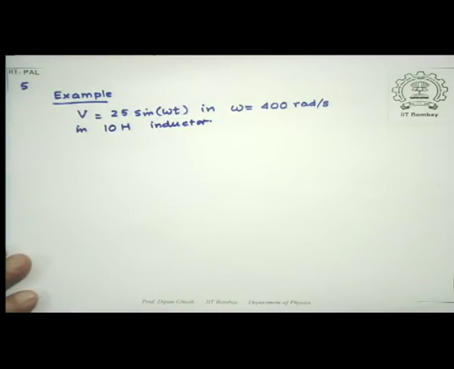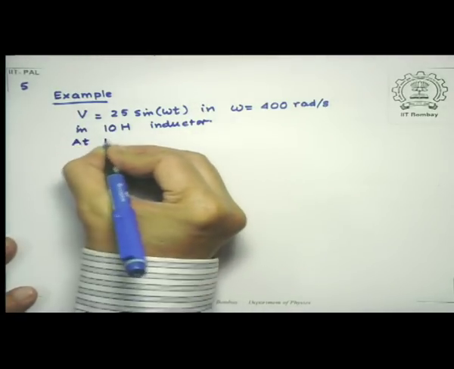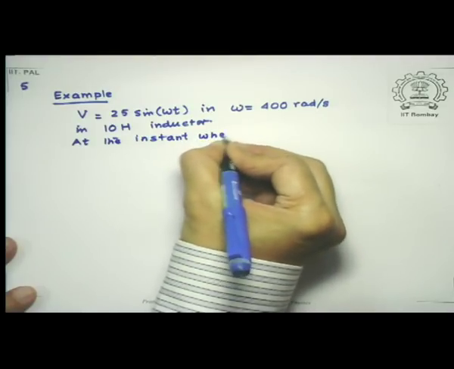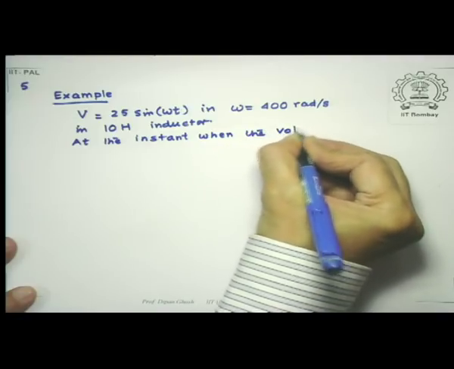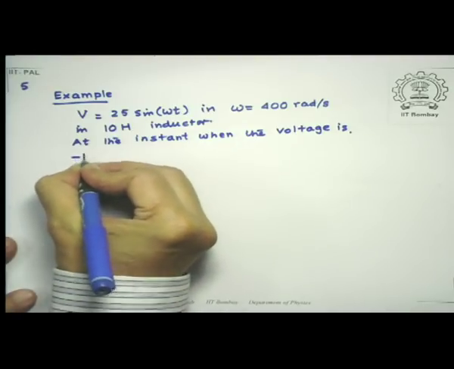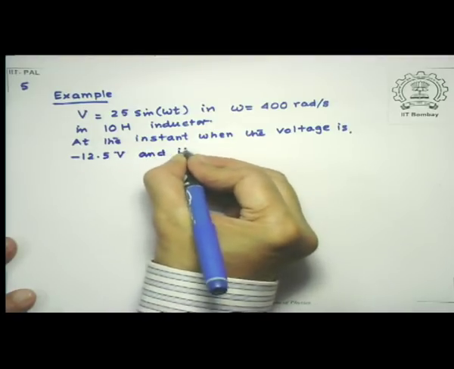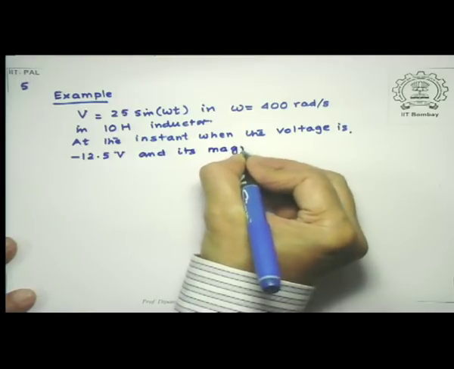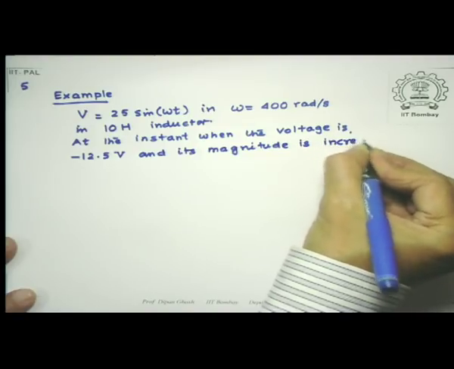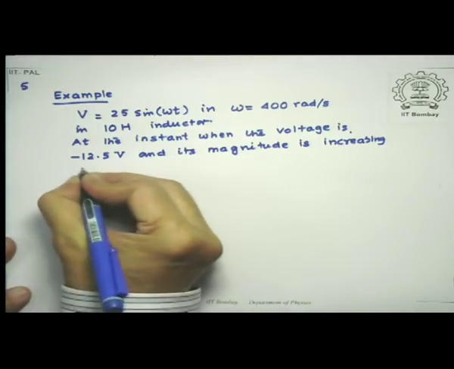So let's find various things connected with it. At the instant when the voltage is minus 12.5 volts and its magnitude is increasing, what is the value of current?